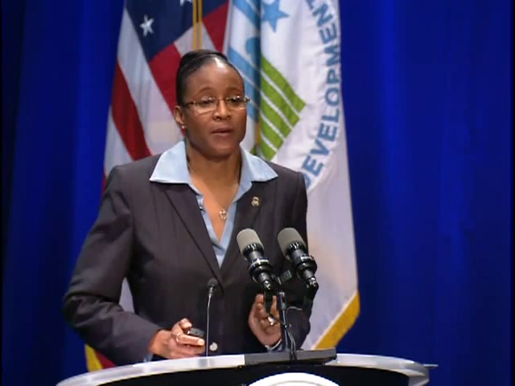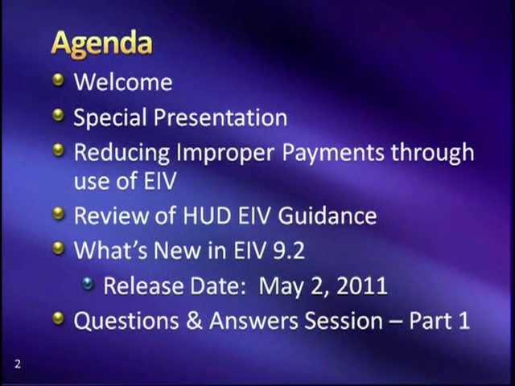And as you may be aware, today, May 2nd, 2011, we just deployed a new version of EIV, which is EIV version 9.2. And so today I get to share with you what's new in EIV as of today. And then we will have a brief review of HUD EIV guidance and then have a question and answer session.